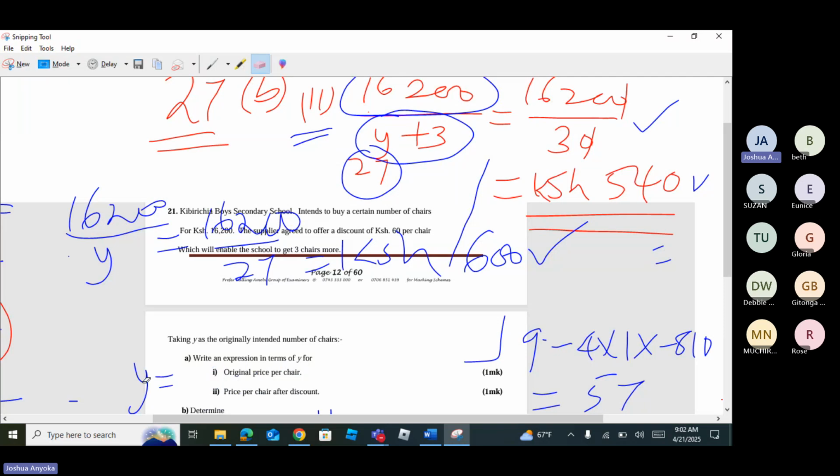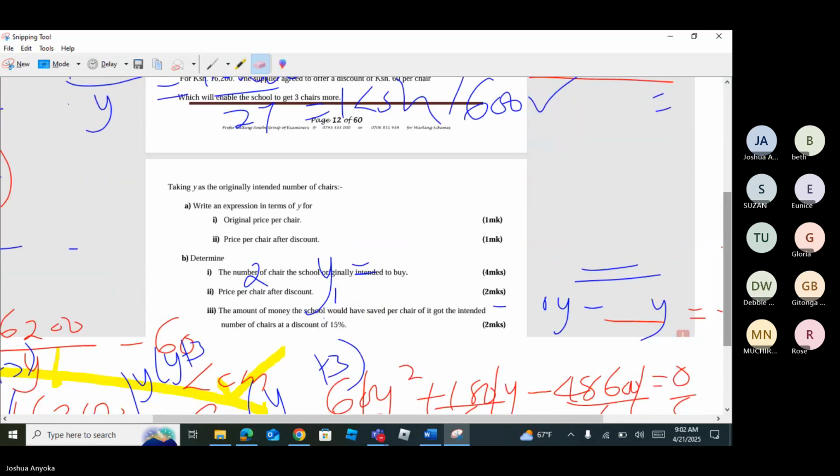But now the question is, what amount will be saved if the discount was to be 15%? The amount of money the school would have saved per chair if it got the intended number of chairs. So it is 15% of 600.